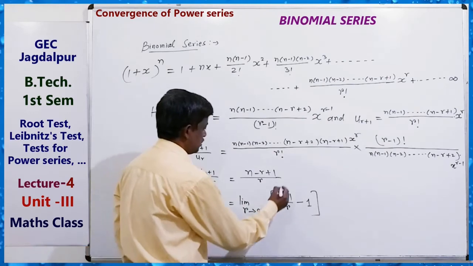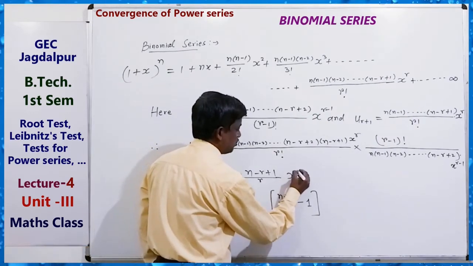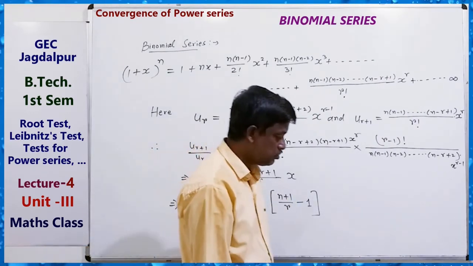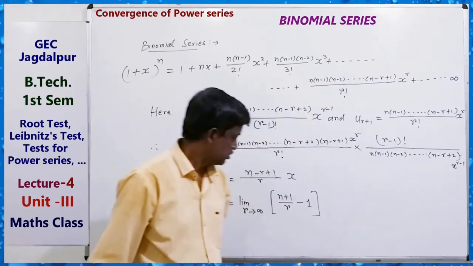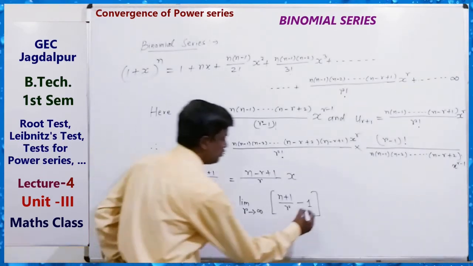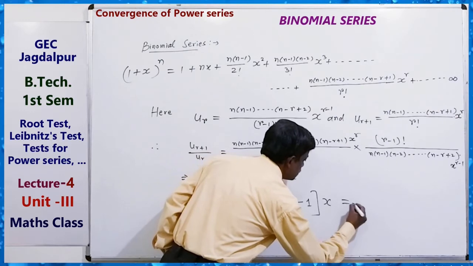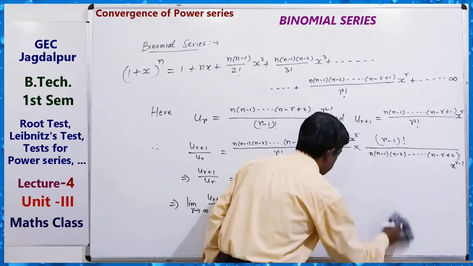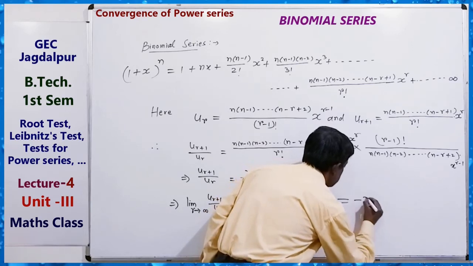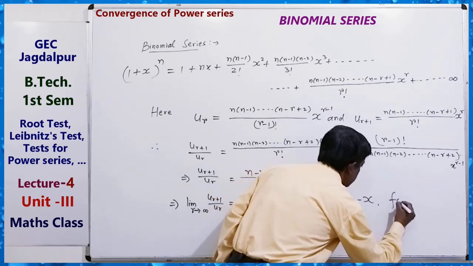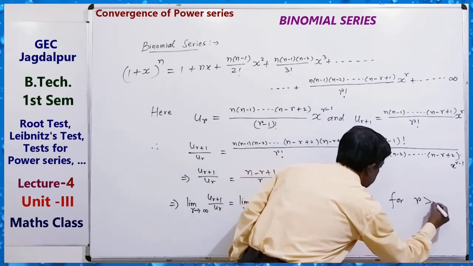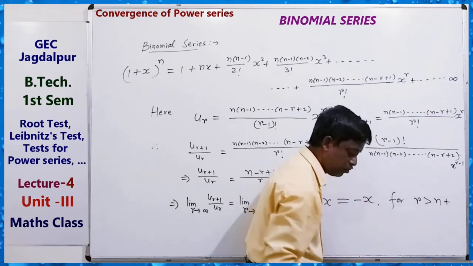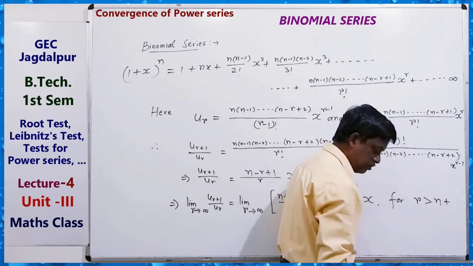So this into x, and we get minus x, for r greater than n plus 1.